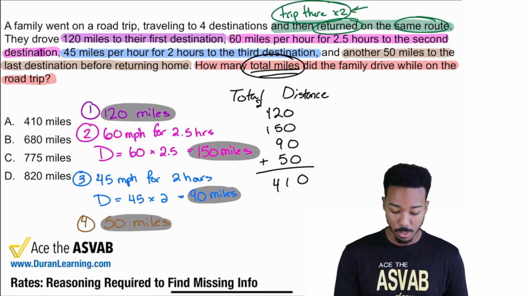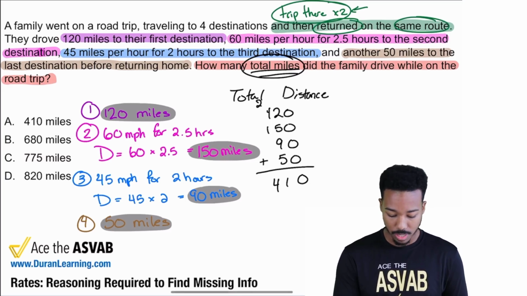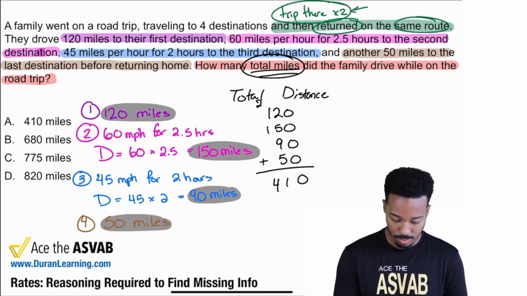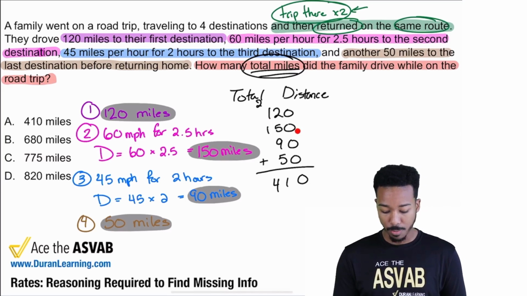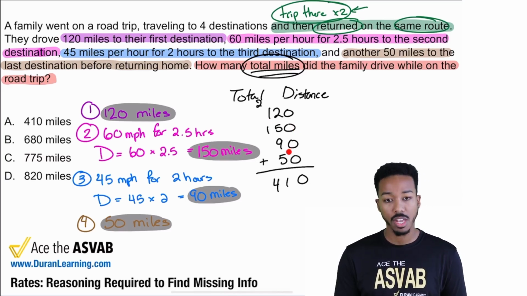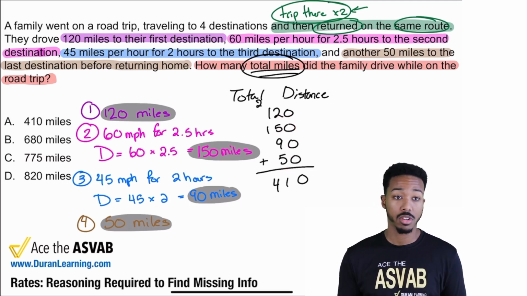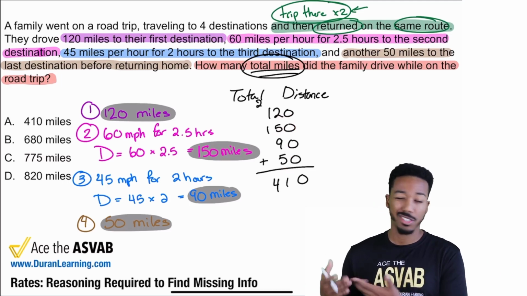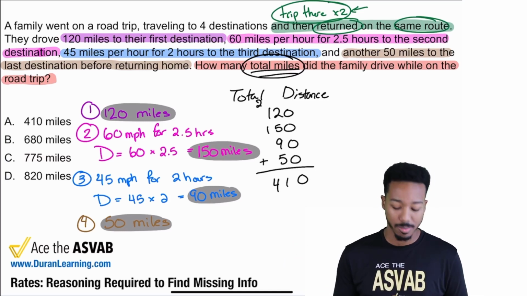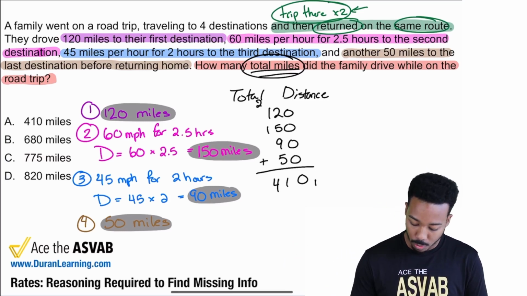Another way you could do it with mental math: 120 plus 150 is 270. 270 plus 90 is 360, plus 50 is 410. That's just another way you can do it. There are a bunch of different ways, and it's really up to you. But there we go. We have 410 miles there.